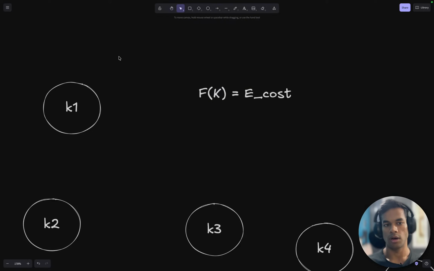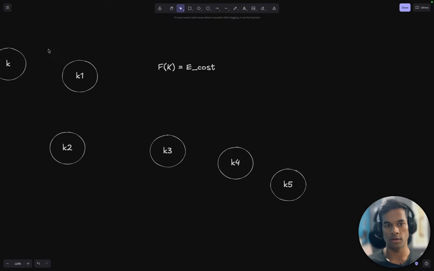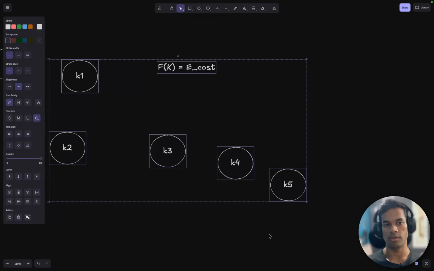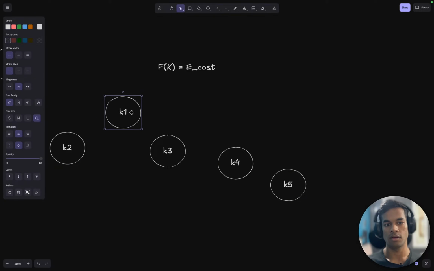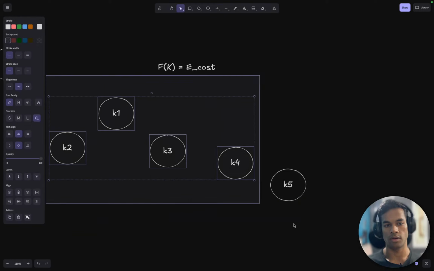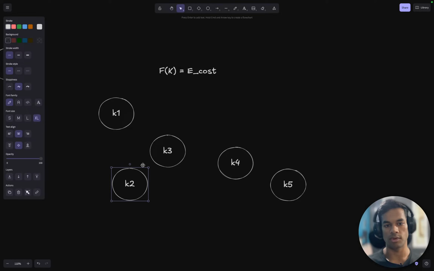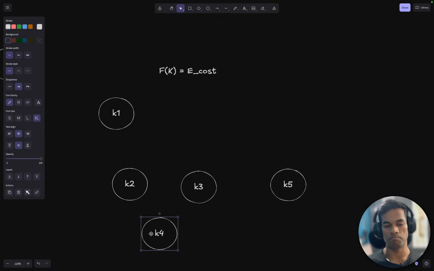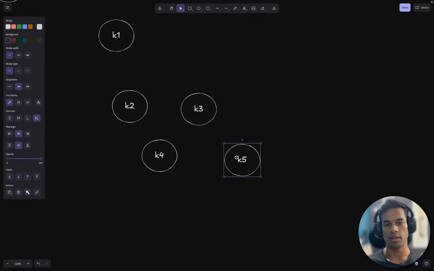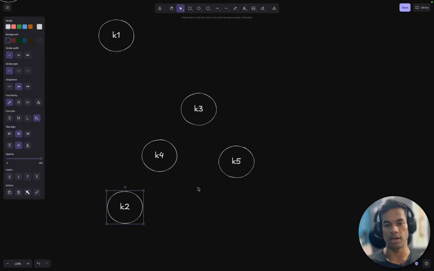This function would return some value, and we need to find out what is the cost that we get when we choose ki as our root. So this function, we are supposing, returns the expected value of the best optimal subtree that we could get, arranging these remaining nodes in some order.